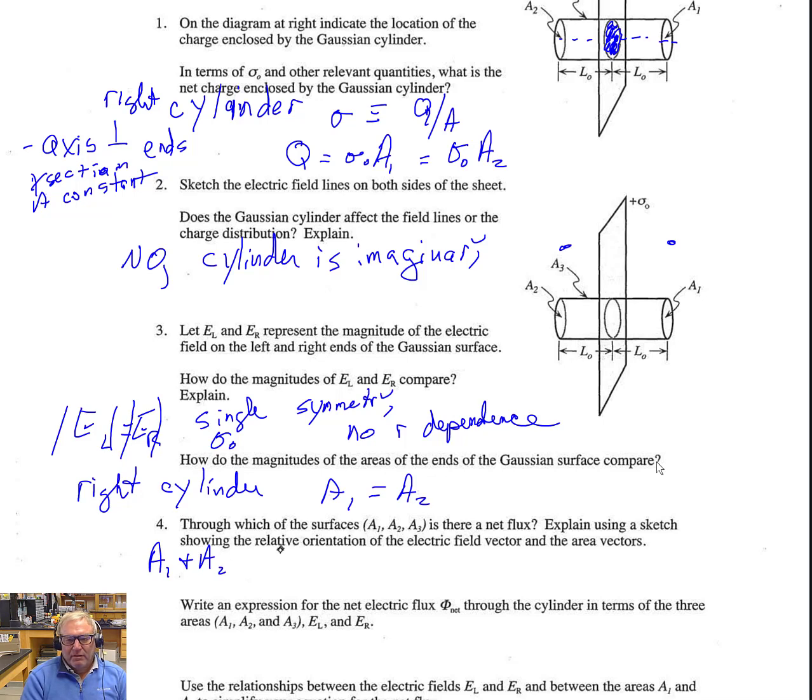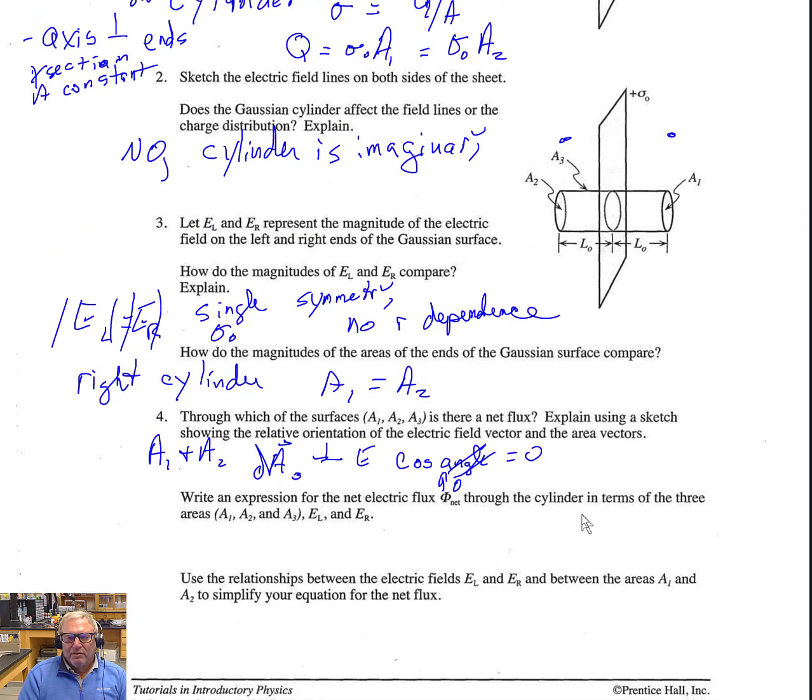Because A3, as a vector, any dA3 is always perpendicular to E. So that means that the cosine of the angle is equal to 0. Cosine of 90 equals 0.